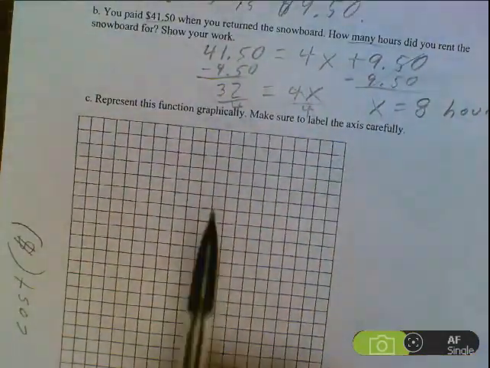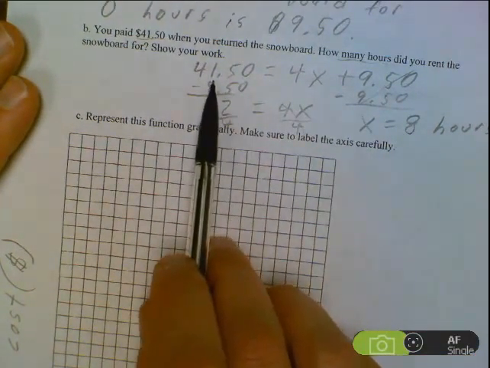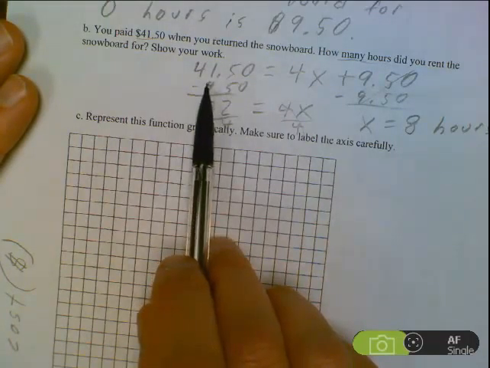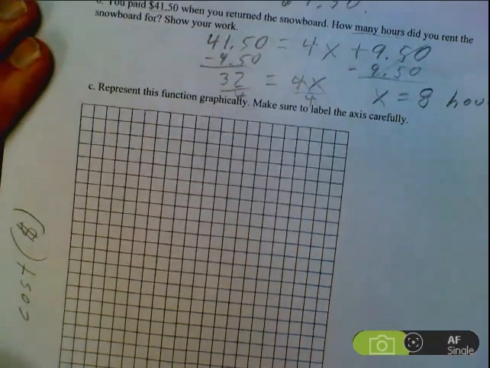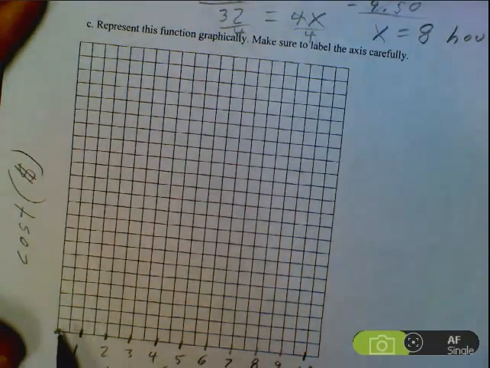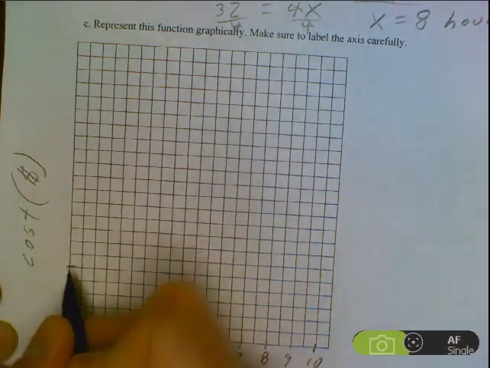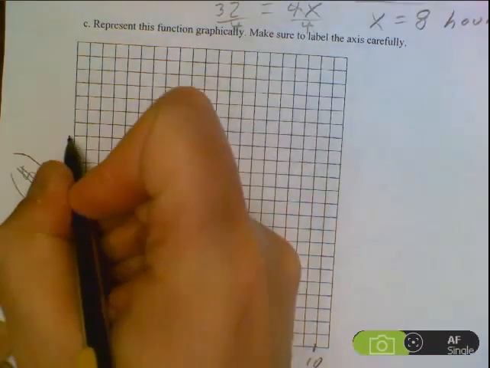Now let's see, how do we want to scale that one? Well, we know when it's 8 hours, it's going to be $41.50. So we want to make it so that about $50 can fit in here. And again, we can always fix it if we don't like it. Let's go 10, 20, 30, 40.